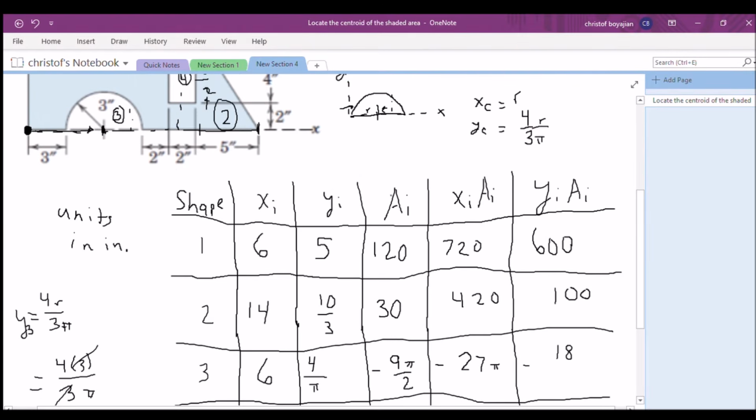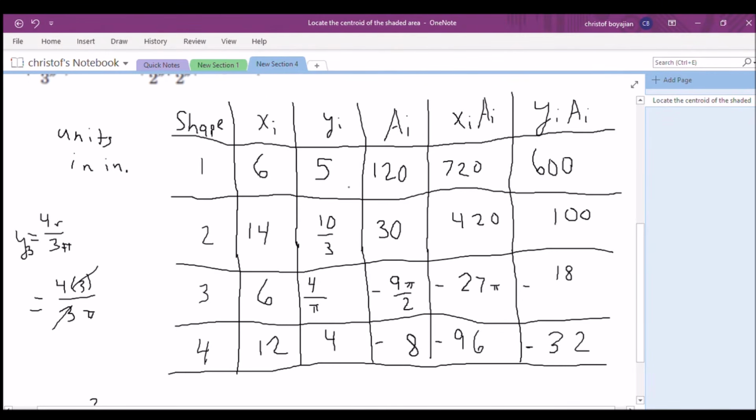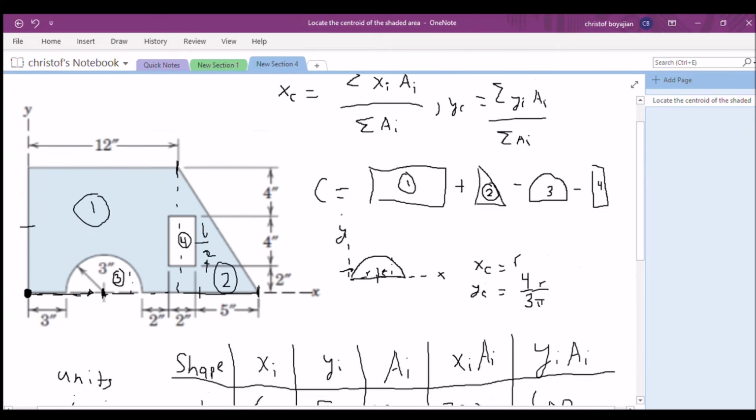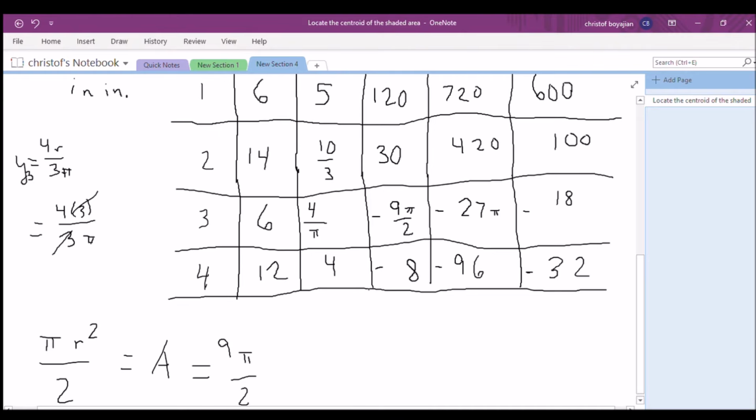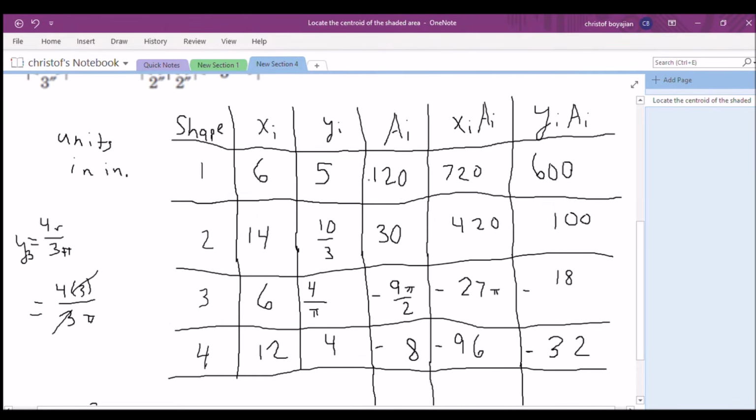Now, the next thing that I'm going to do is, for our formula, we need to know the sum of all of the xi ai's, yi ai's, and the sum of all the ai's. So let's go ahead and sum all of these three components right here. And to sum, it's just basic addition and subtraction.